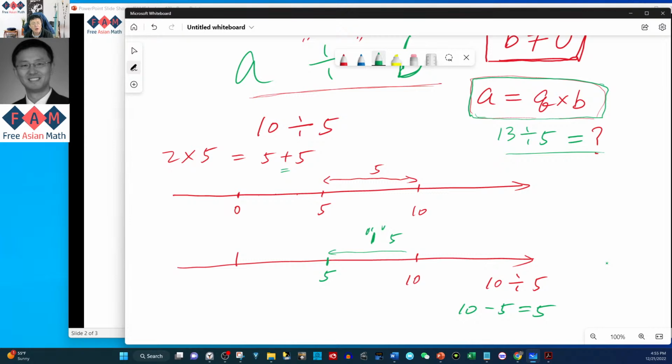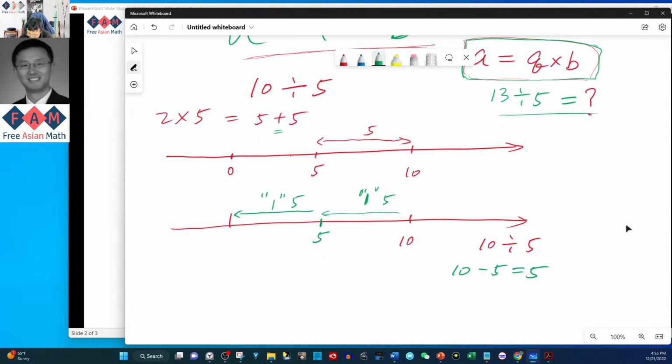We have 5. We will subtract yet another 5 from 5. What do we have? Well, 5 minus 5 equals 0. This is a big deal. 0 is a wonderful number.